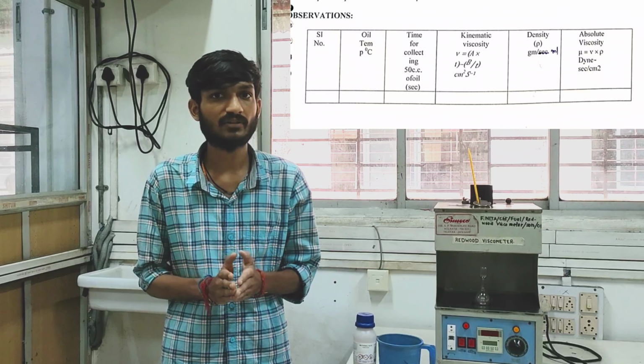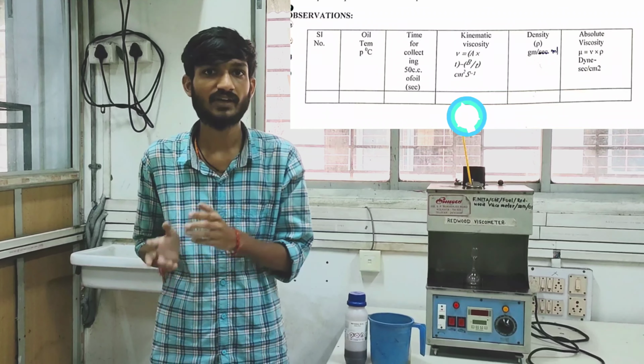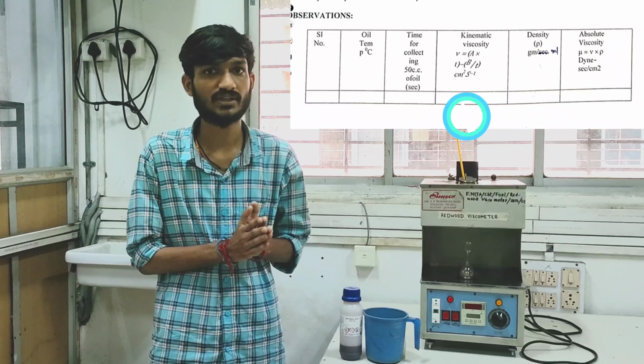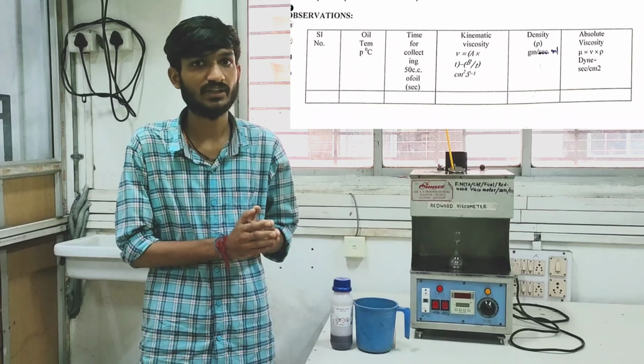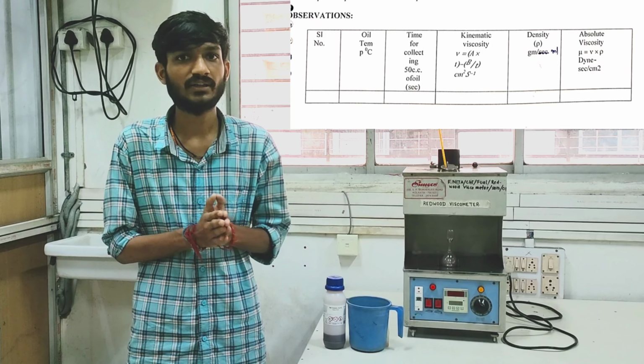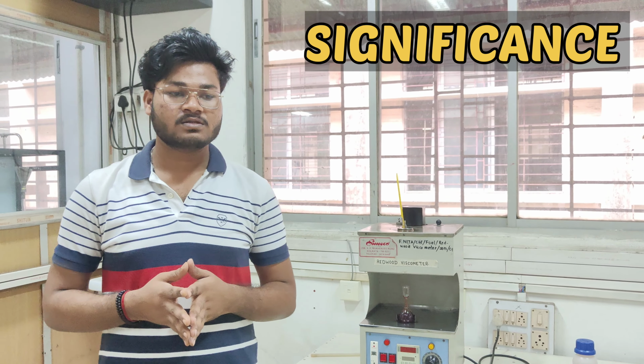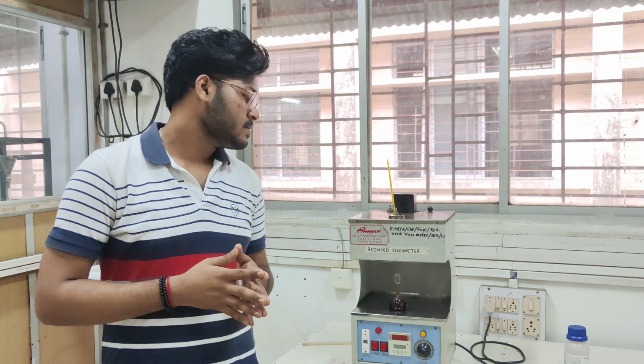For the kinematic viscosity, we have the formula A into T minus B by T, where A and B are the calibration constants, whereas the absolute viscosity is calculated by means of the kinematic viscosity, with the formula kinematic viscosity into density.